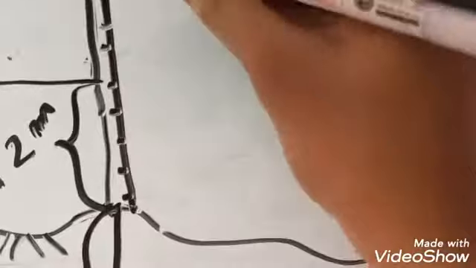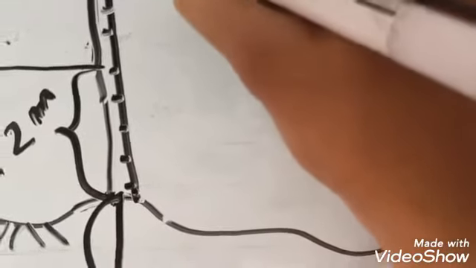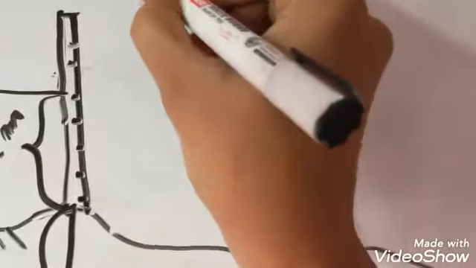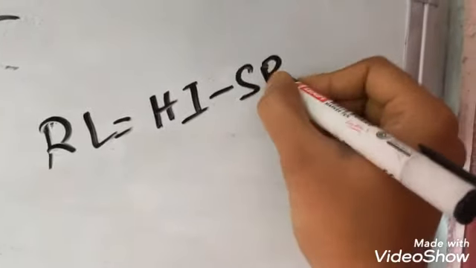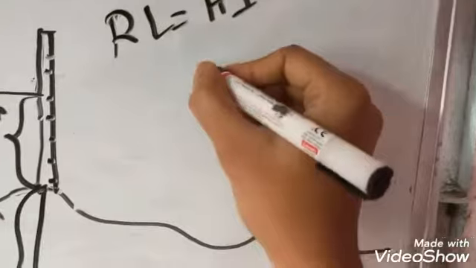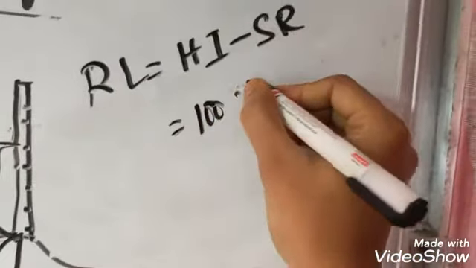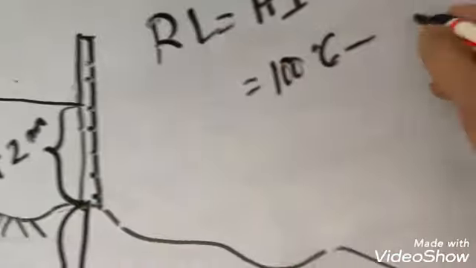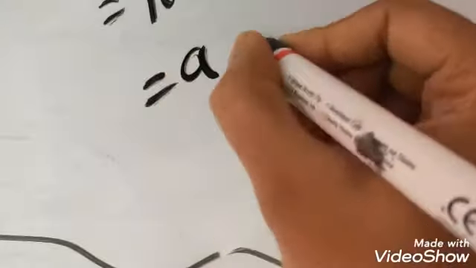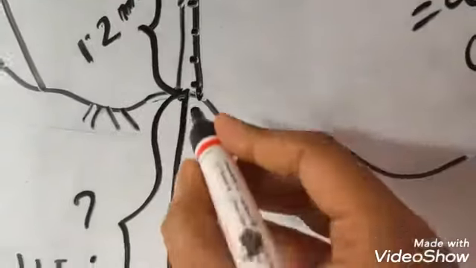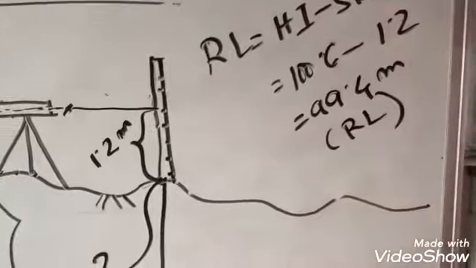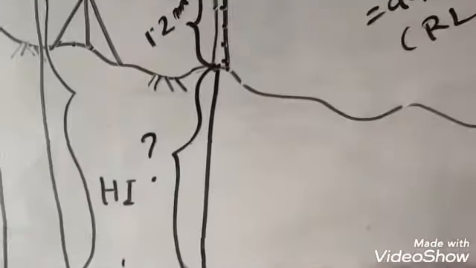So RL is equal to height of instrument minus the staff reading. The height of instrument we have already found to be 100.6, and the staff reading is 1.2, and this comes out to be 99.4 meter. This is the RL of this particular point. That was our basic goal, to find out the RLs of the different points. RL means the height of the point from the datum.